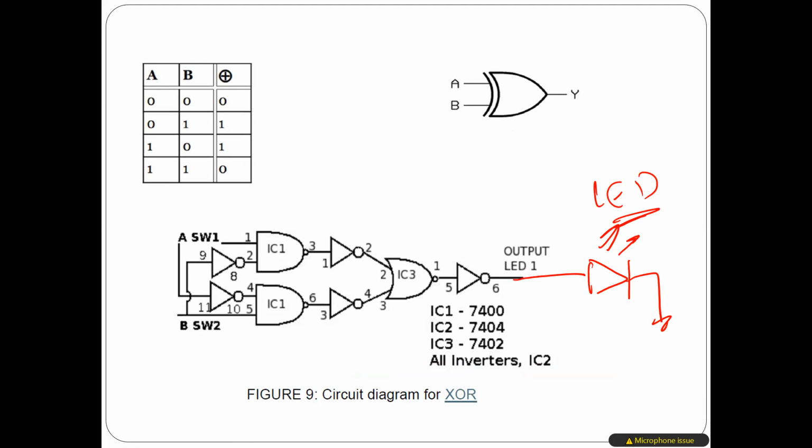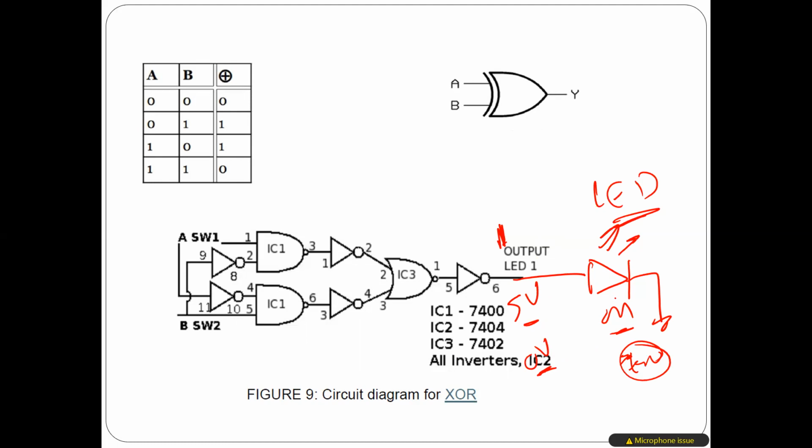You can design it so that when the output is high, 5 volt or logic 1, it is on. When the output is 0 volt or logic 0, it is off. So you can visually know whether the logic is 0 or 1 based on the status of the LED, on or off.